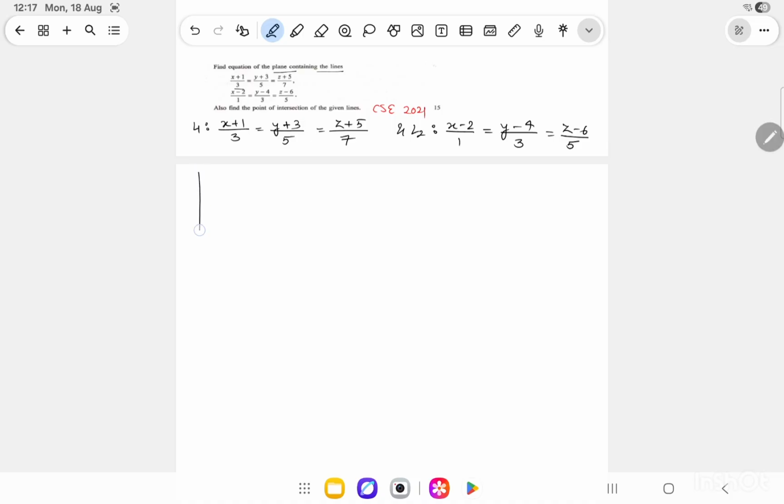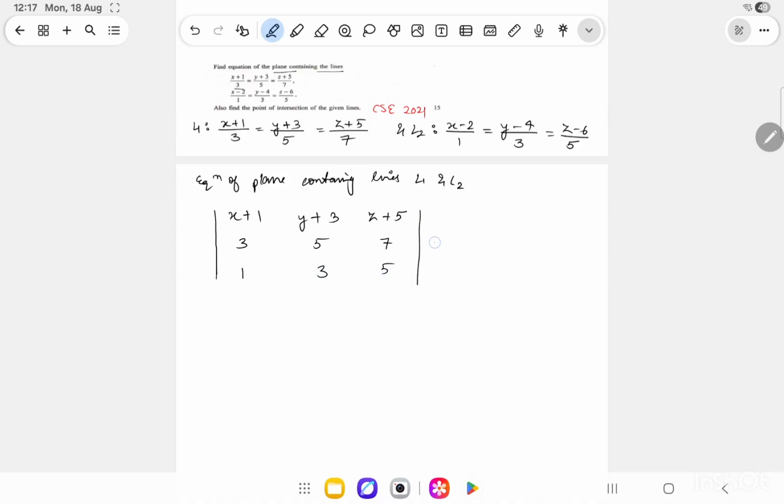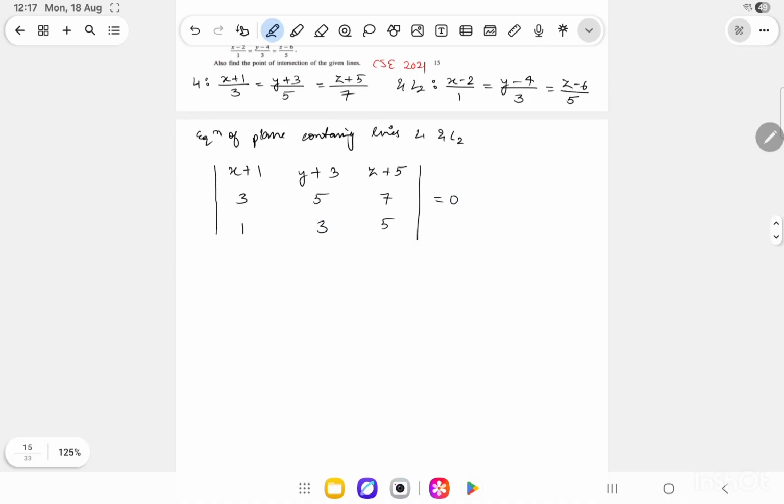So using that, the equation of the plane containing lines L1 and L2 is the determinant with rows x plus 1, y plus 3, z plus 5; 3, 5, 7; 1, 3, 5, equals 0. I can simplify it to find the equation of the plane.